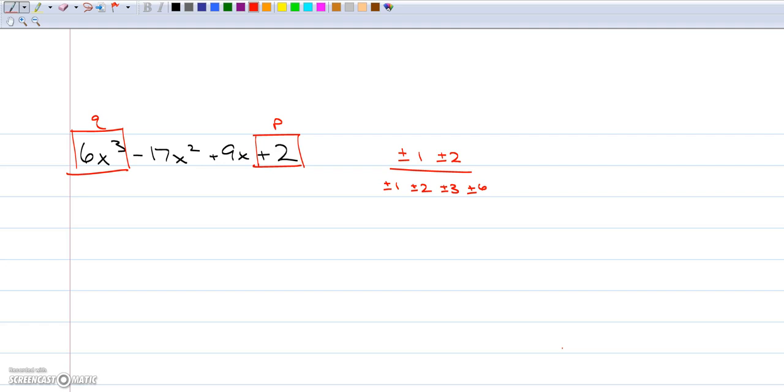But I can still use whatever I want. This time I'm going to start off by choosing, let's use a 1. Let's see what happens. And if it doesn't work out, that just tells us that it's not one of the zeros. It's not the end of the world. We'll just try something different if it doesn't work.